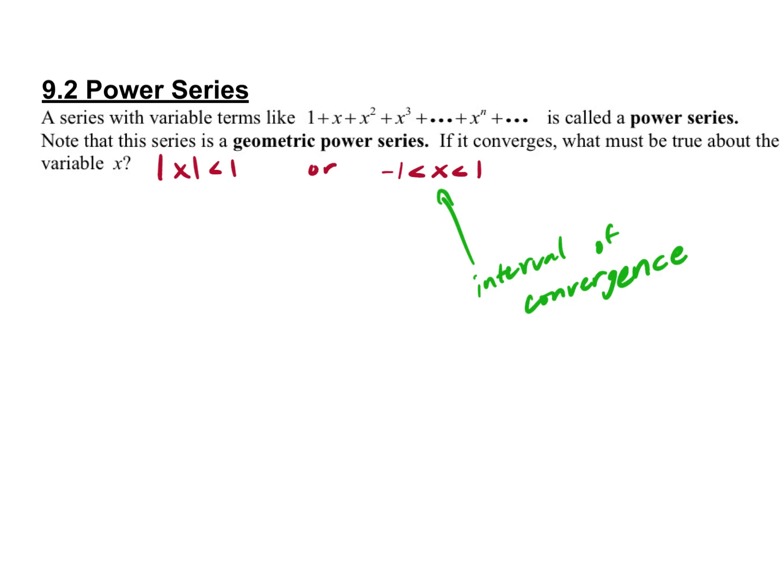The other thing I wanted to mention, because I know we didn't go over the homework yet for 9.1, is that one of the things I want you to get in the habit of is justifying your conclusions about a particular series, whether it converges or diverges, and what test you used.